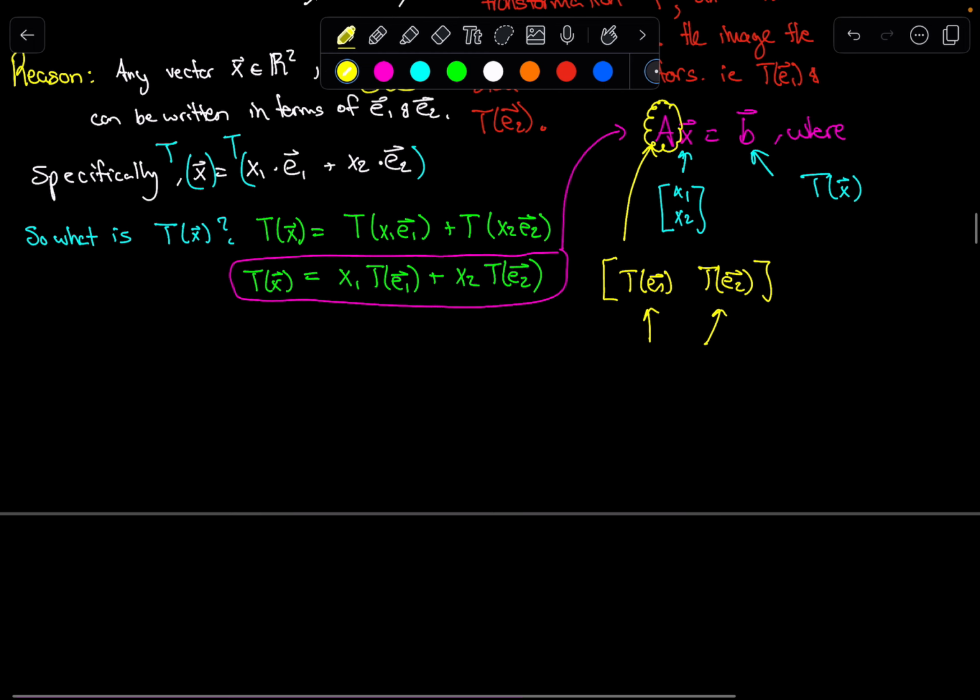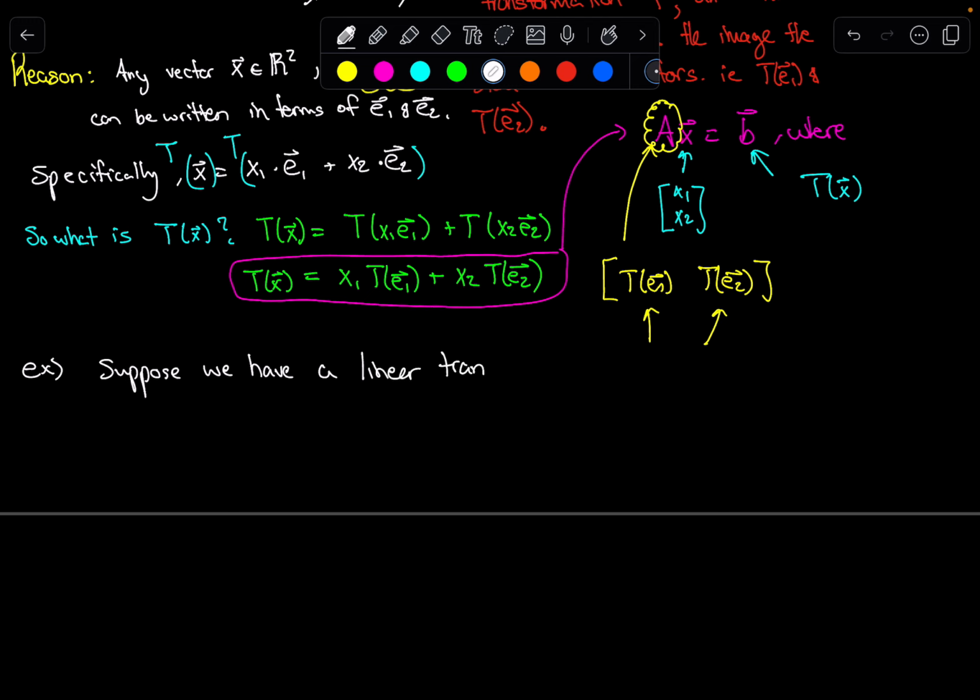So let's run through an example. Suppose we have a linear transformation, and that's a very important requirement, because otherwise we can't do all of these tricks and this property doesn't hold.